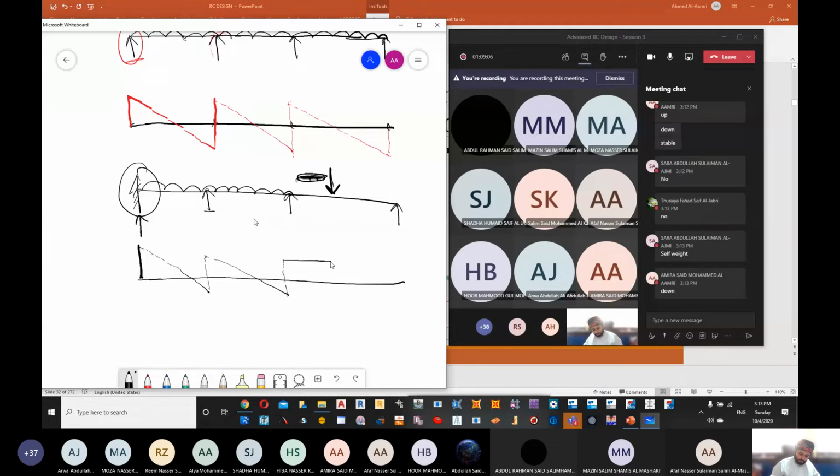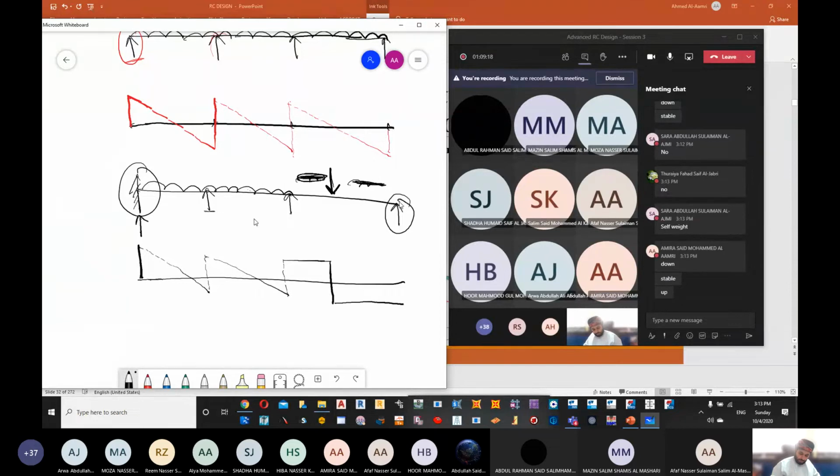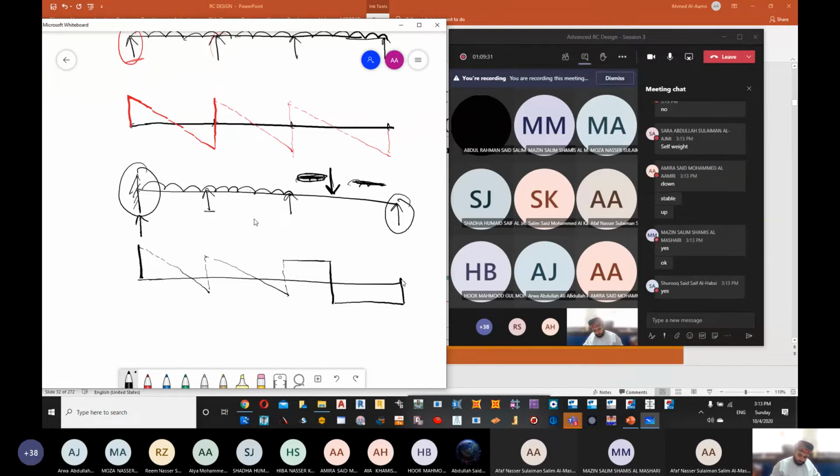Now the point load is going to take you down. In this position, do we have any loading? Still no. And then we have a reaction, so reaction will take you up. Okay. Are we okay? Are you okay with this? Okay, very good.